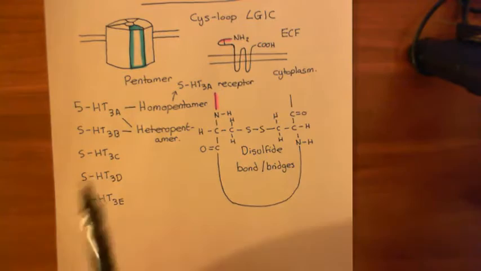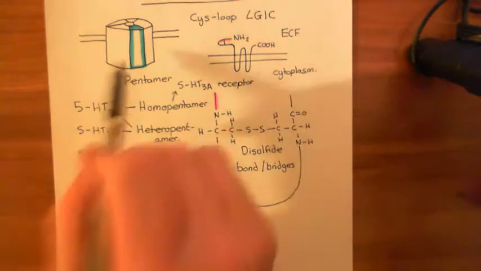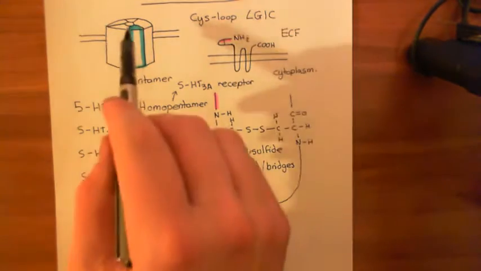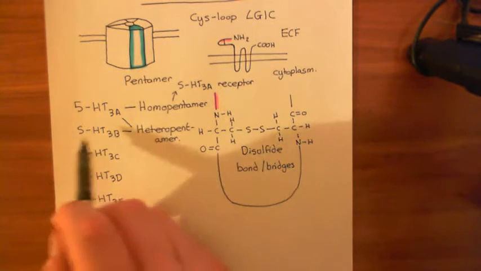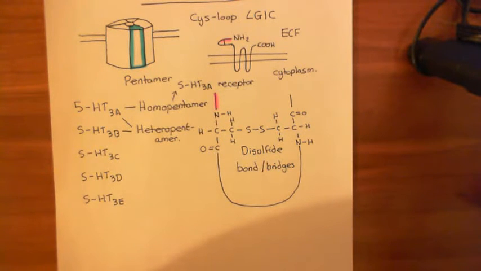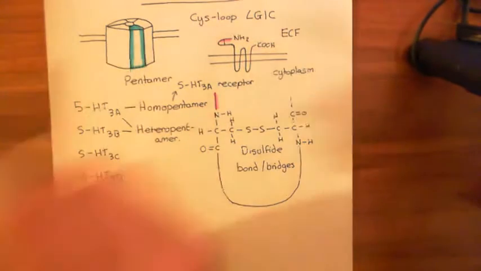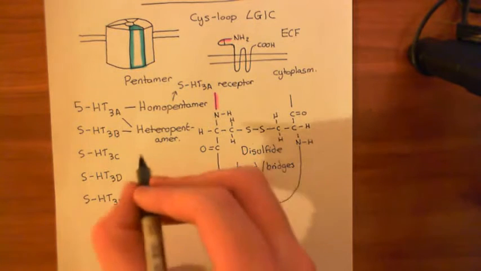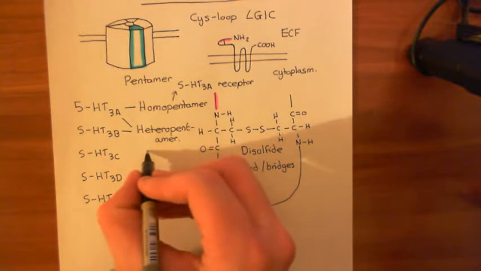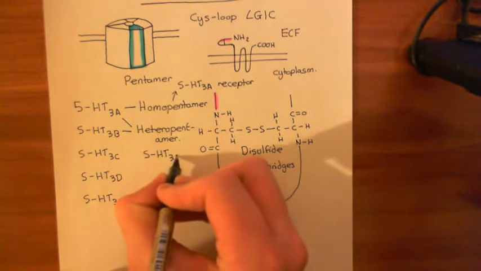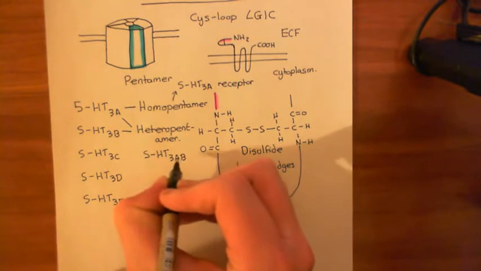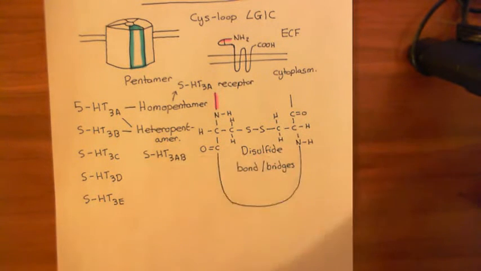Okay, all we know is that you have 5-HT3 receptors where some of the subunits are 5-HT3A proteins and some of them are 5-HT3B proteins. We don't know the stoichiometry and we don't know the actual positions of them relative to one another. And this heteropentamer is often referred to as the 5-HT3AB heteropentamer. So it's got the AB there to denote that it's got A and B subunits in.